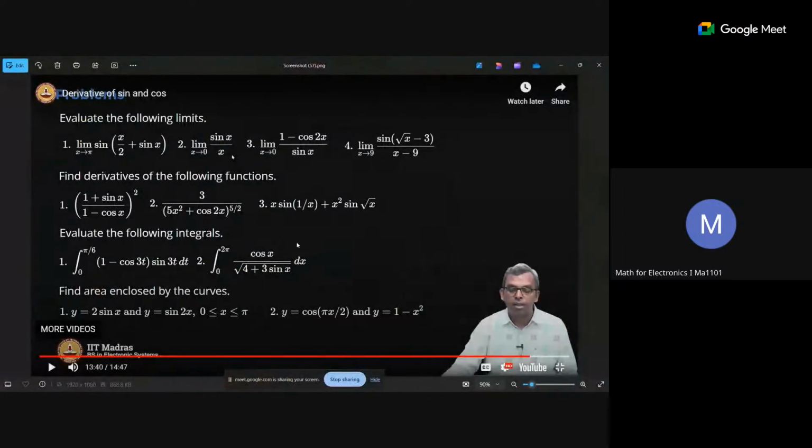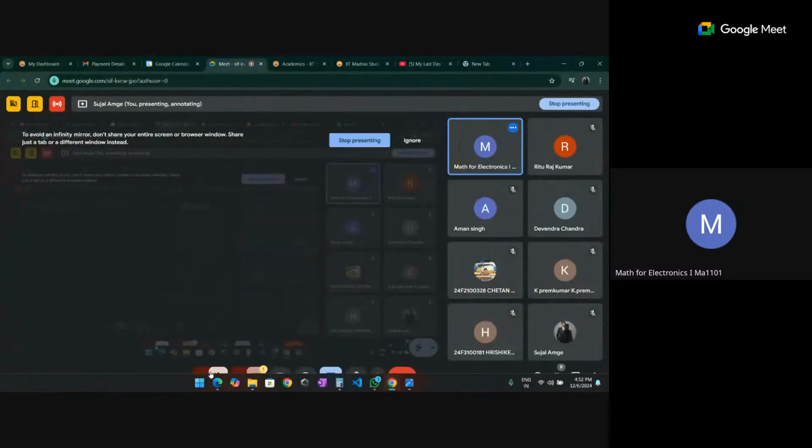These questions evaluate the following limit. Limit x going to pi sine of. So which question do you want to solve? Wait, I'll take the screenshot.